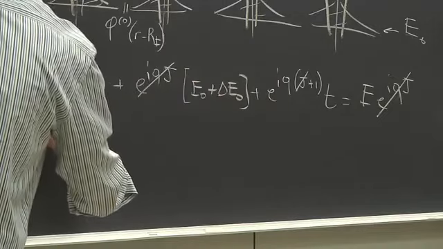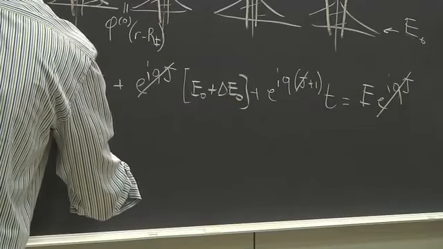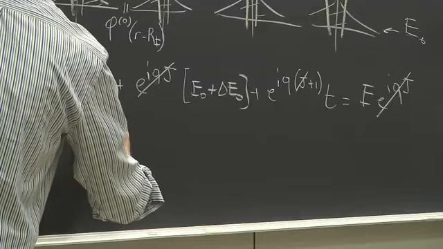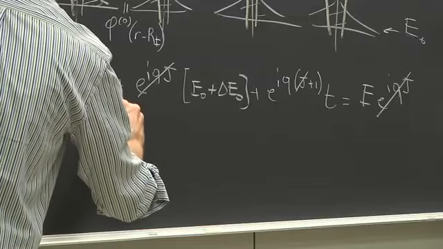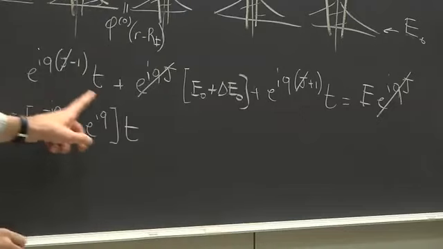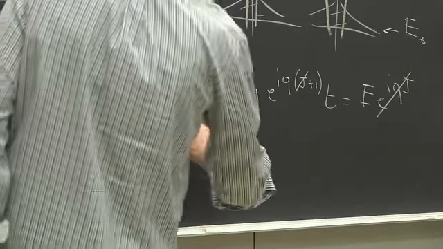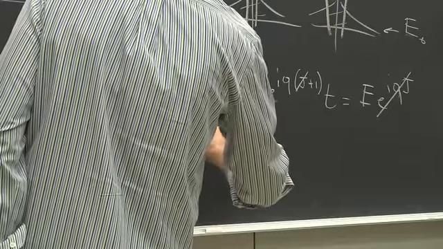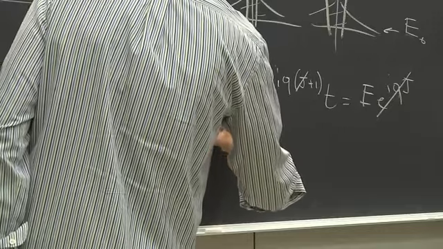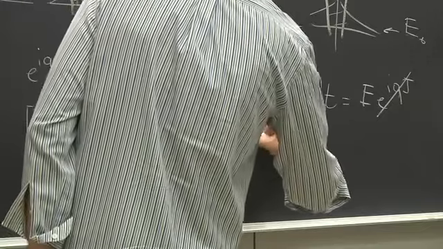I'm grouping the term with t, first term and last term of the left-hand side, e to the minus iq plus e to the iq times t, plus E naught plus delta E naught equals E.